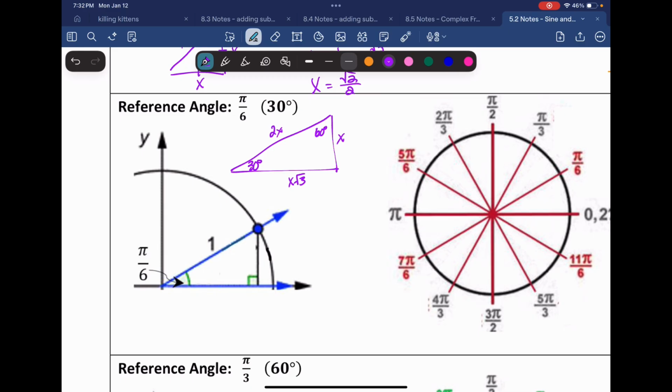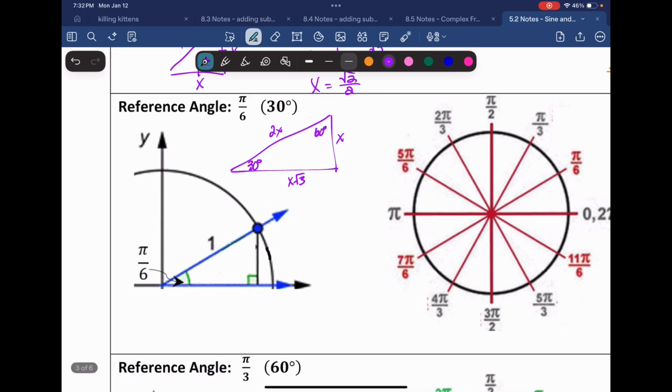So that means if I know that the hypotenuse is 1, that means x must equal 1/2, so our short side. All right, so that means on our actual triangle, the y is 1/2. Well, if I know that the y is 1/2, to get my x coordinate, I simply multiply that by root 3. So it is root 3 over 2.